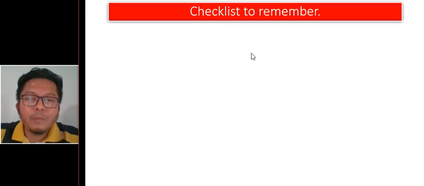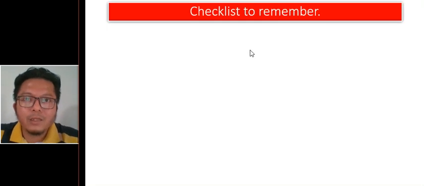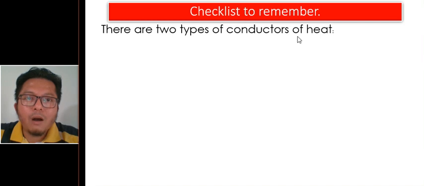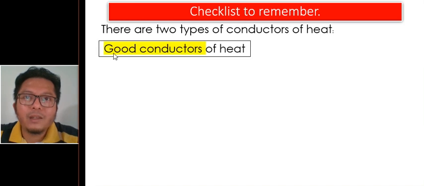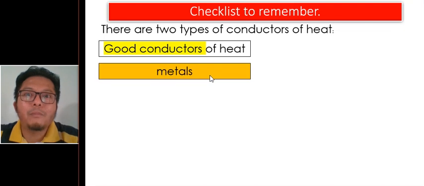Now, a checklist to remember. This is very easy. There are 2 types of conductors of heat. We have learned that good conductors of heat are metals.